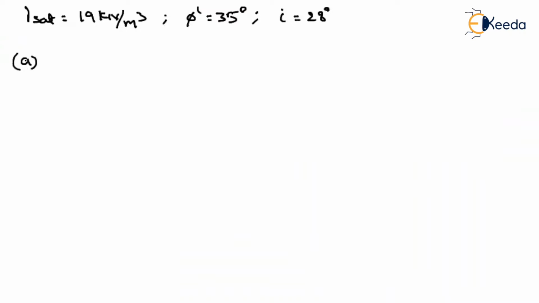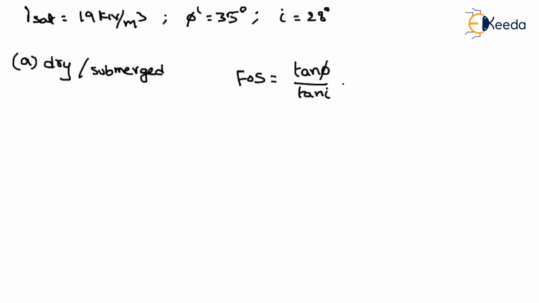In the first case, we have to find out when it is a dry condition or submerged. Dry or submerged, you will have the same factor of safety. If you recall the equation, factor of safety will be equal to tan phi divided by tan i. The factor of safety given is 1.3, so 1.3 equals tan 35 divided by tan i.